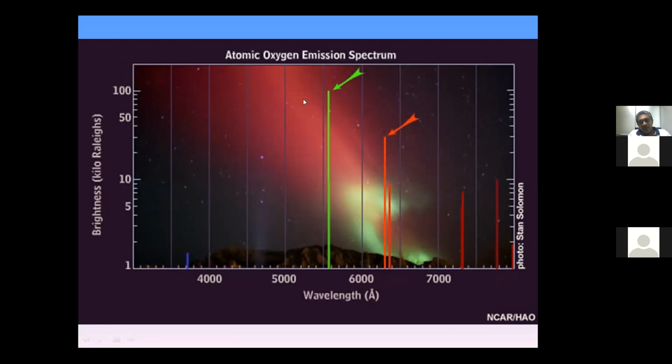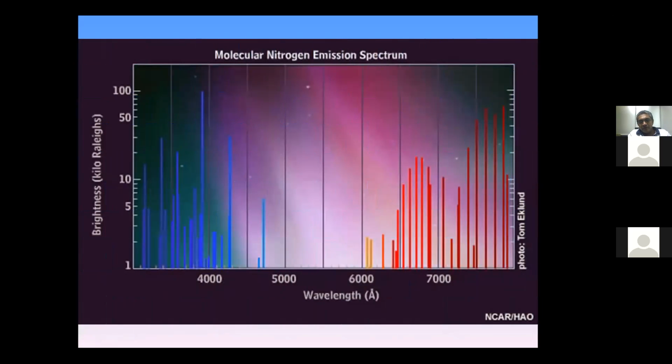So if the aurora looks red and green, that is due to atomic oxygen excitations. And the nitrogen emission spectrum shows most of its lines in the red as well as in blue. So the combination looks like a pink or maybe a purple color. So basically, that is due to nitrogen.